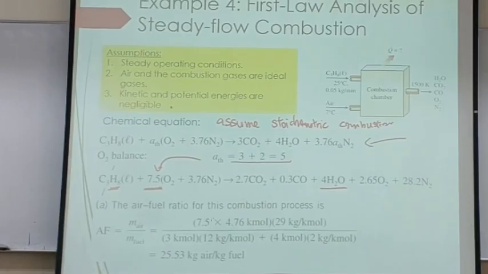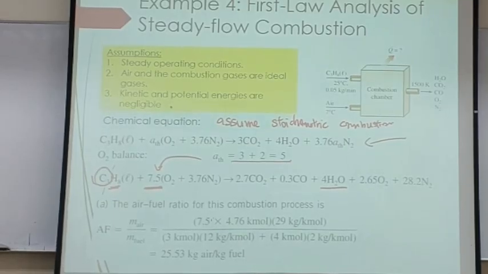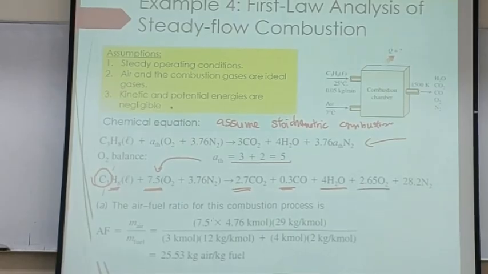As for the carbon, you are told that 90% of the carbon goes to CO2, 10% goes to CO. Originally you have 3 carbons, so 90% of 3, 2.7 goes to CO2, and 0.3 goes to CO. Then from here, whatever is left over, you need to balance a bit. Here we skip the balancing step, but whatever is left over from the oxygen is the extra oxygen. Then nitrogen, as usual, is just 3.76 times 7.5.